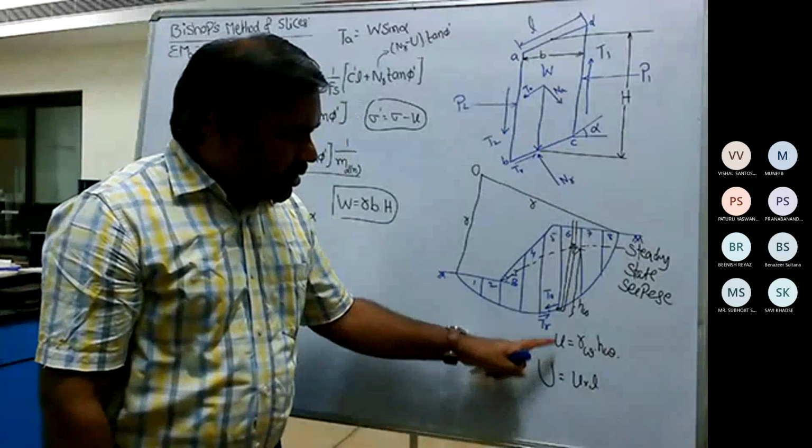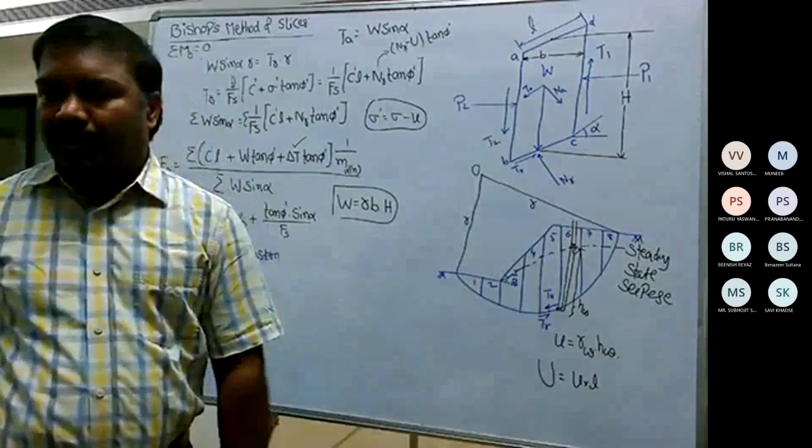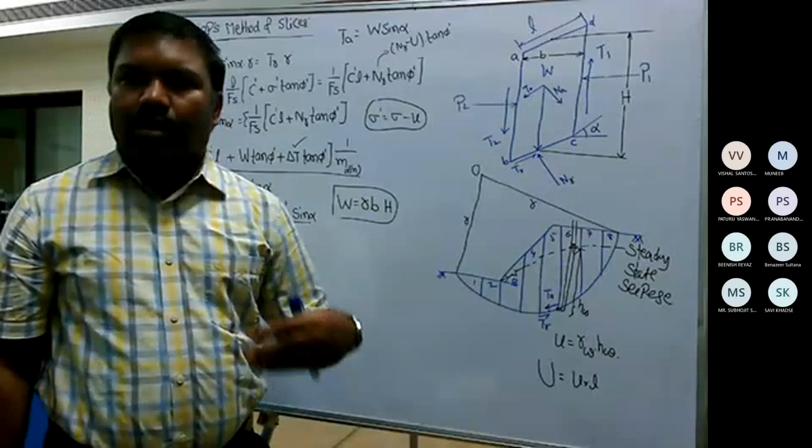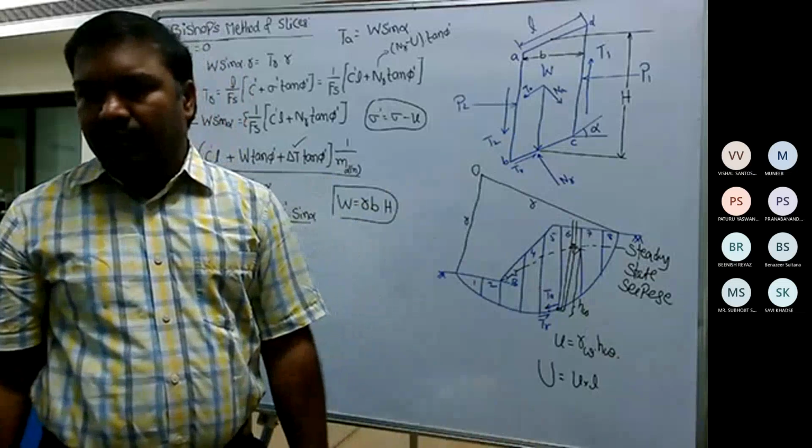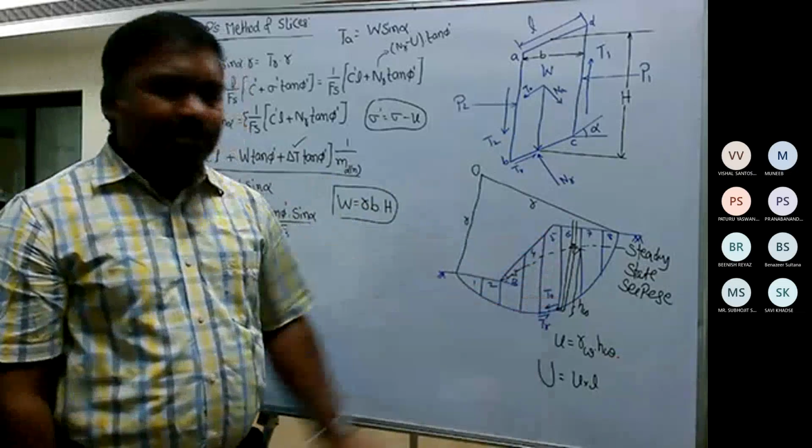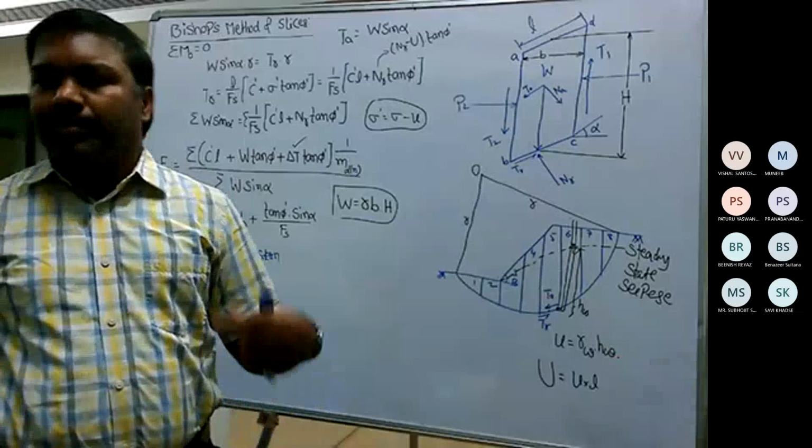But often, if you look at any embankment, it is always compacted soil. And if you take any depth, there is some kind of overburden pressure.